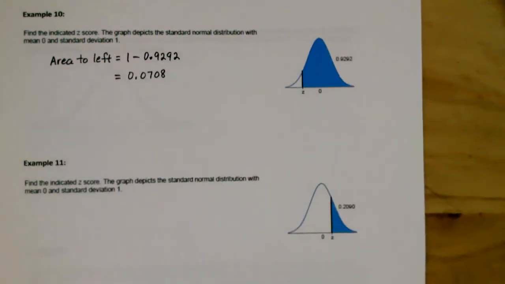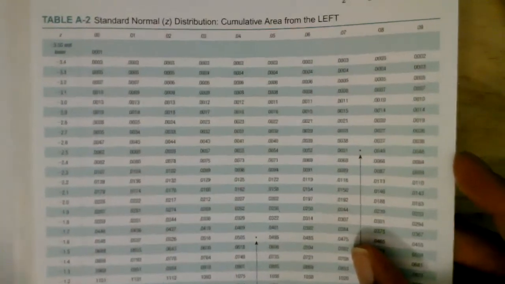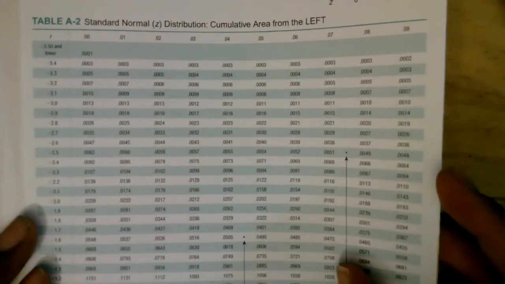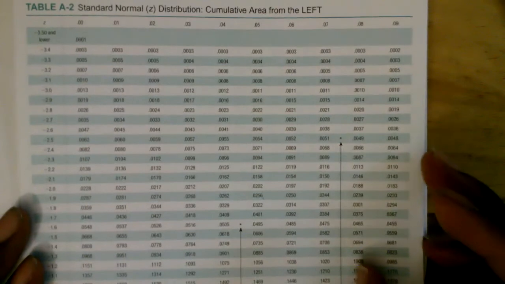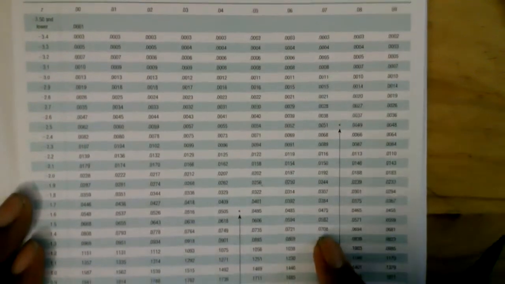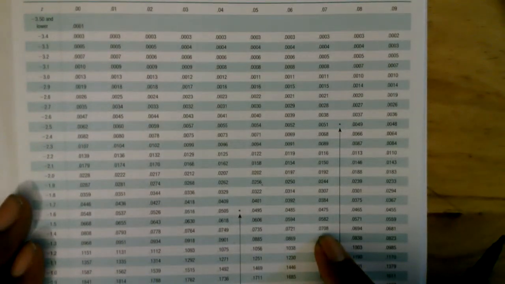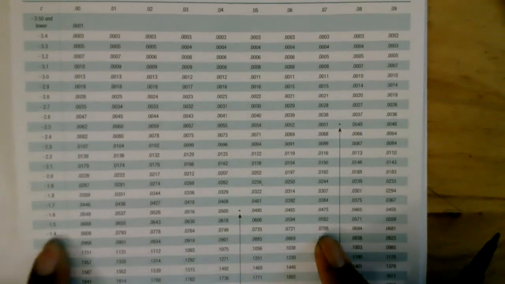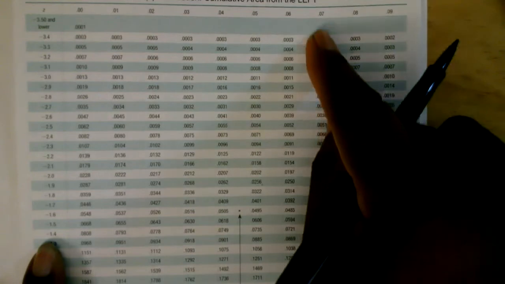We need to look under the page for negative z-scores. So here's the page for negative z-scores. Let's find 0.0708. And that's right here, 0.0708. Find the row that it's in and the column that it's in. We see the row is negative 1.4. The column that it's in is 0.07.